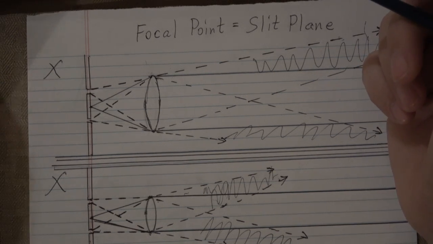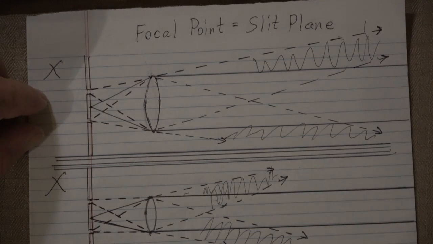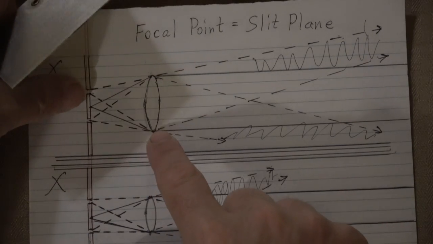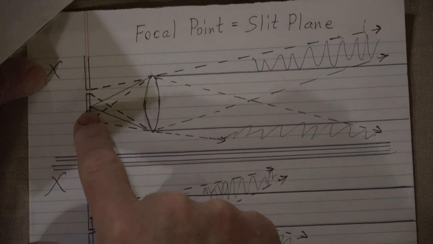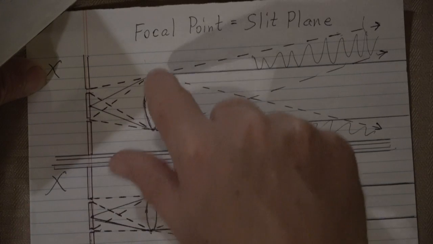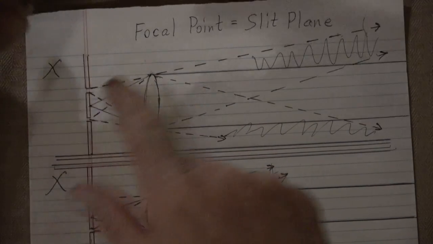So why is it not looking right? How this works is you take a focal point on this, and I'm taking an arbitrary lens, arbitrary focal length, and I'm making it go from the lens, and that's the center of the lens, to your slit plane.